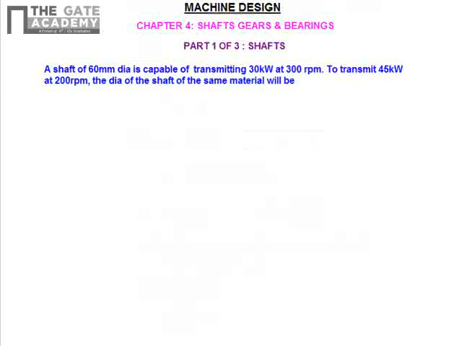So we will see one more problem. A shaft of 60 mm diameter is capable of transmitting 30 kilowatt power at 300 rpm. To transmit 45 kilowatt at 200 rpm, the diameter of the shaft of the same material will be what? So we are given that the shaft diameter of 60 millimeter is capable of transmitting power of 30 kilowatts at 300 rpm.